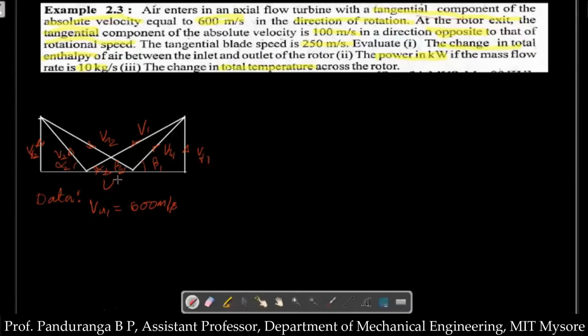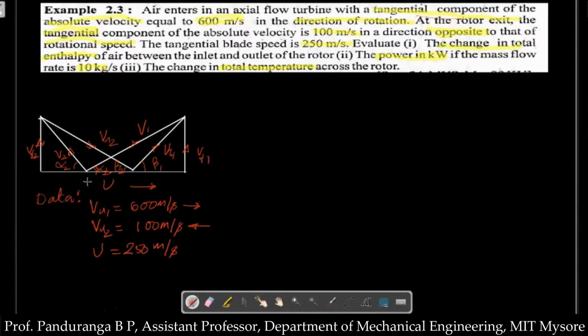If the rotation is towards right, then VU1 is also towards right. Then the next data is VU2, given as 100 meter per second, but the direction is opposite to that of the rotation. So if the rotation is towards right, VU2 is towards left. Then the tangential blade speed U is 250 meter per second.